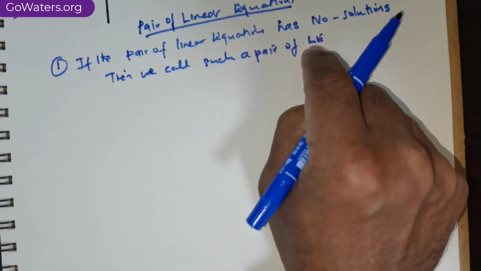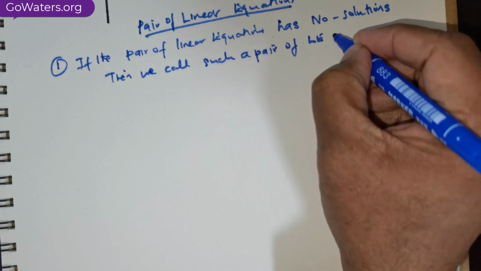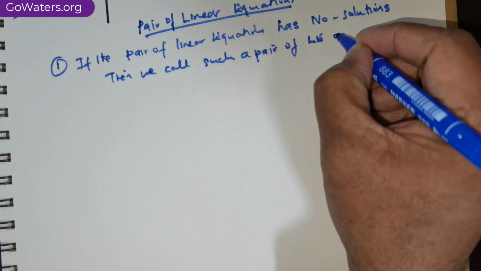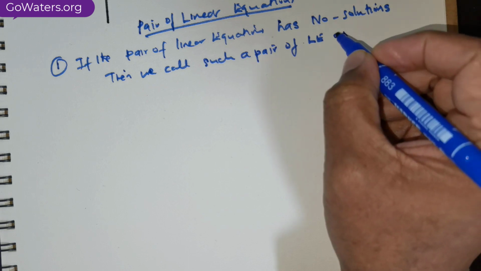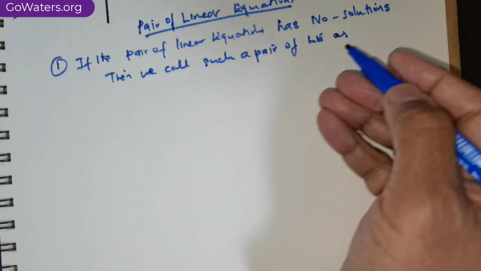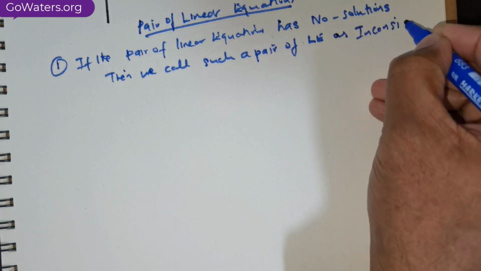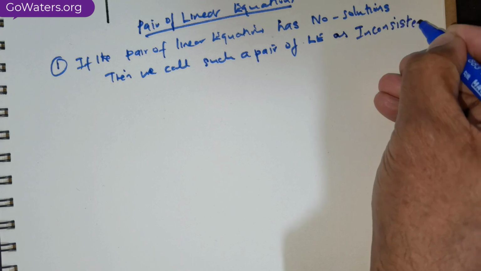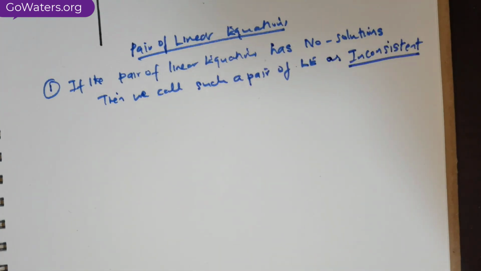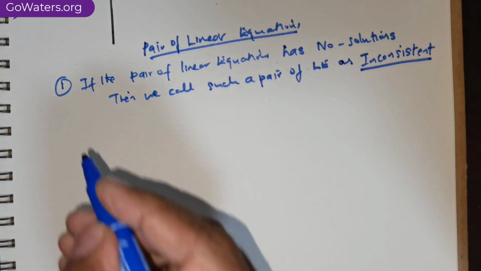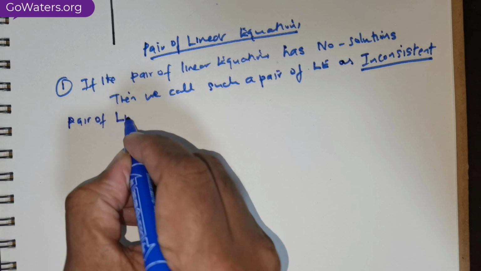When I write LE, it means linear equation. Inconsistent pair of linear equations.